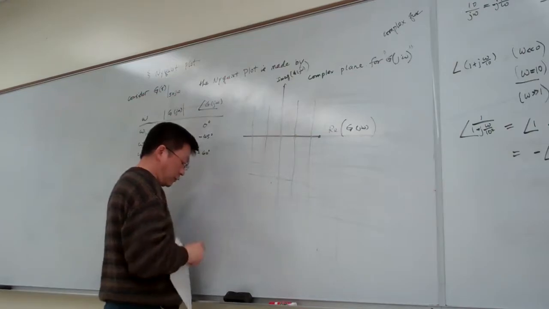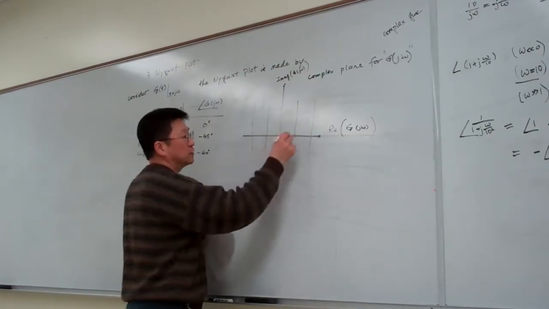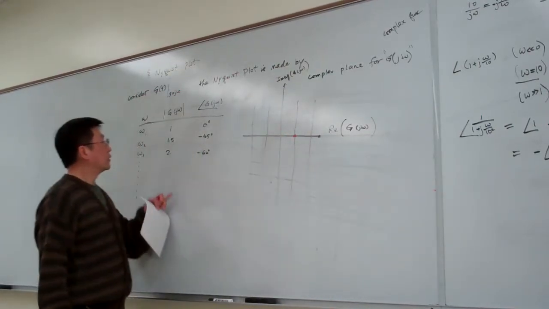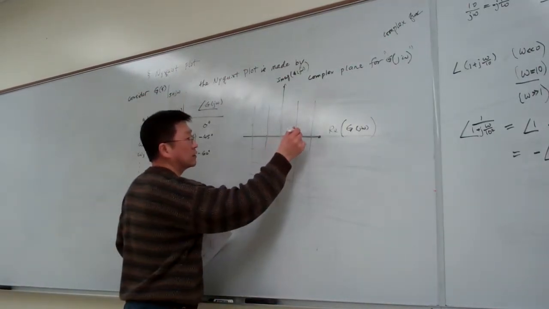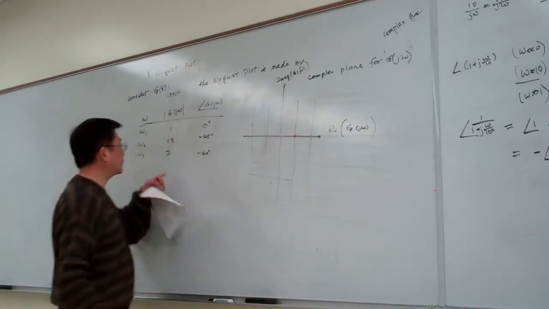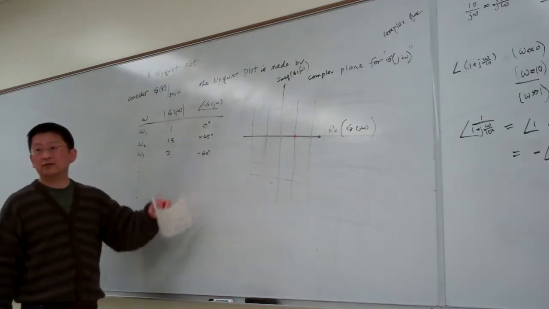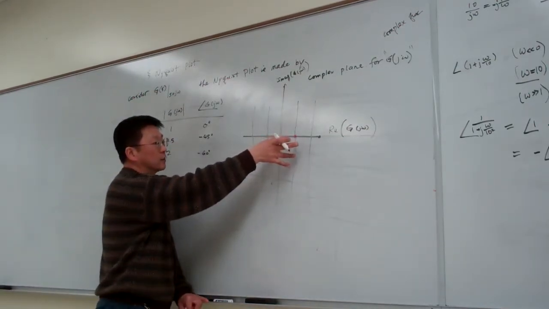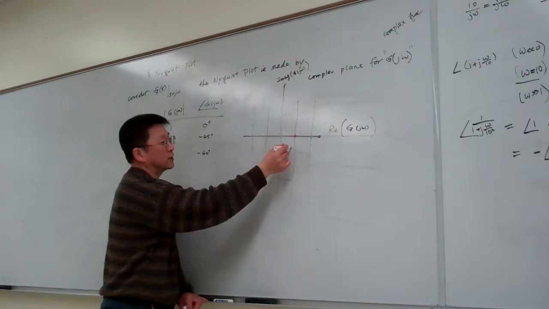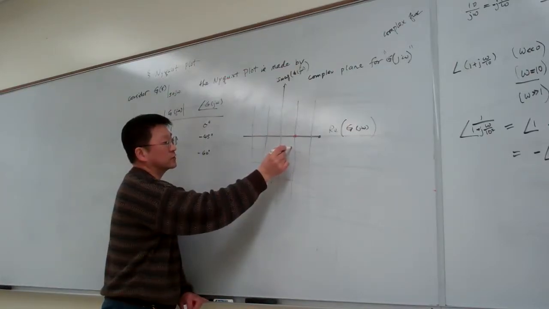Now the first point is here, that is 1. The second point is 1.5 and minus 45 degrees. Taking 1.5 is about here, and minus 45 degrees, so that is here.